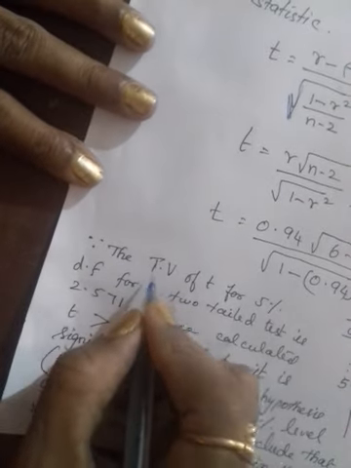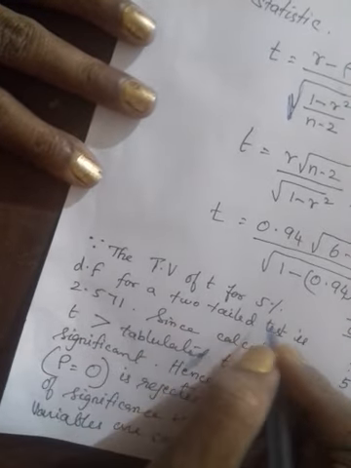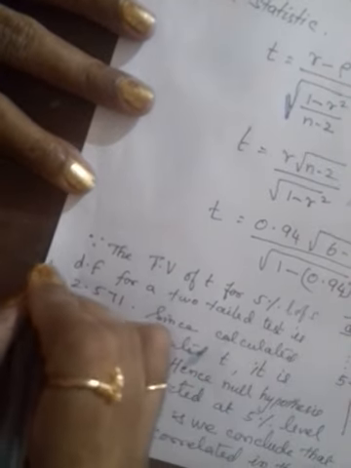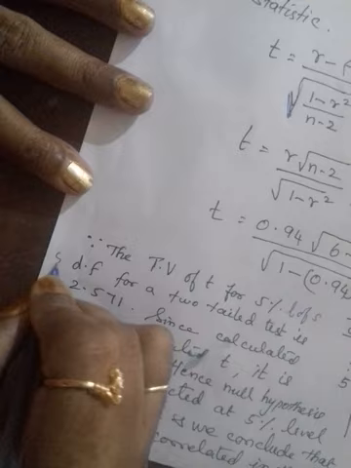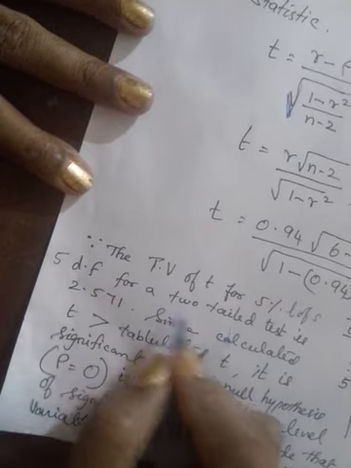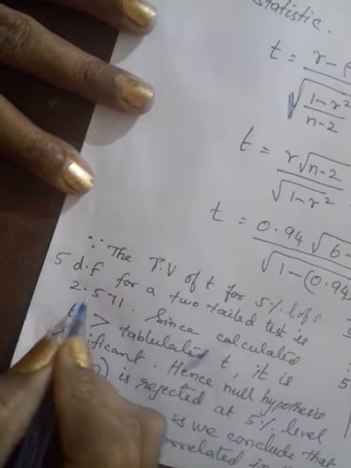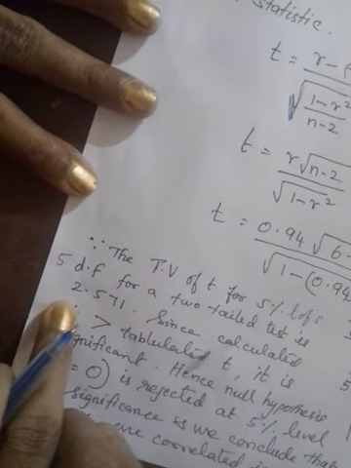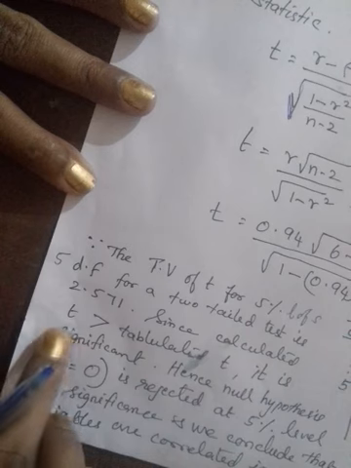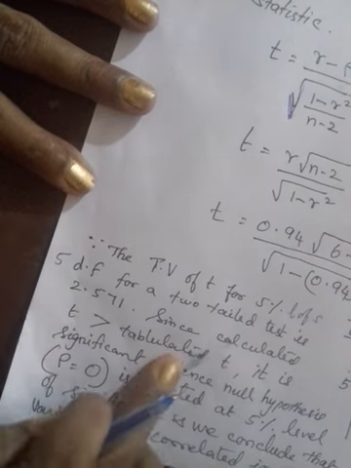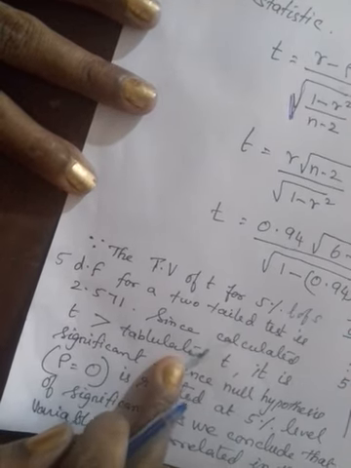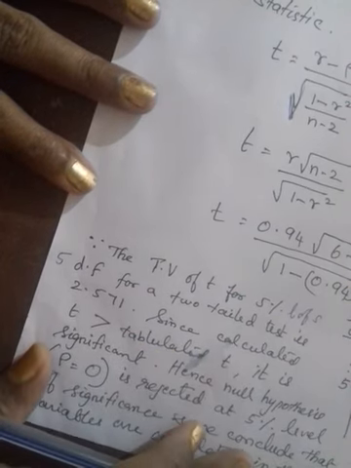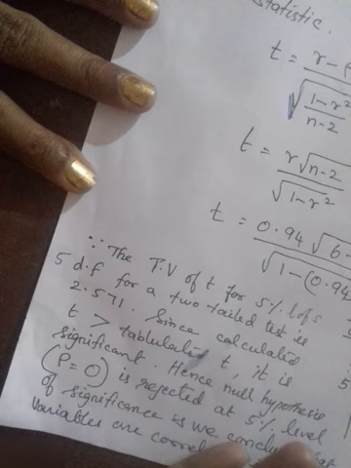Since the table value of the t-test for 5% level of significance and 5 degrees of freedom for a two-tailed test is 2.571, and your calculated value t is greater than your tabulated value, it is significant because you reject your null hypothesis.